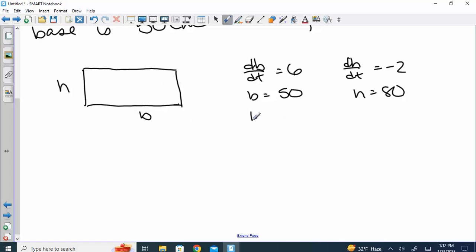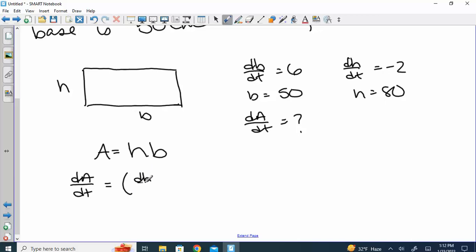I'm looking for how the area, dA/dt, is my question mark. How do you find the area of a rectangle? Length times width, or base times height if I use these variables. What would I have to do to take this derivative? The product rule. Yes. So the derivative of A, dA/dt, equals derivative of the first, so dH/dt, times the second, plus the first, times the derivative of the second. Please write this step.